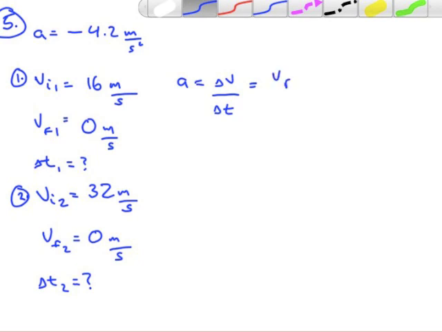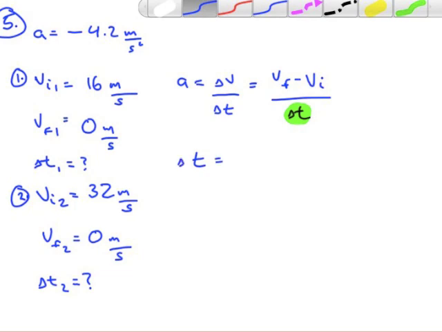So a equals VF minus VI over delta t. Well, delta t right here, that's what we're trying to solve for. So we'll just rearrange it. We'll bring the delta t up, and we'll bring the a down to the denominator.